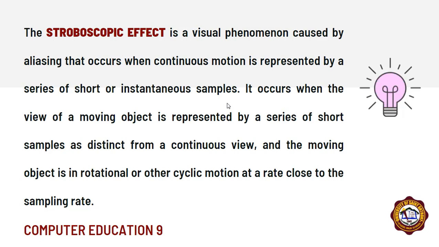So, it occurs when the view of a moving object is represented by a series of short samples as distinct from a continuous view. The moving object is in rotational or other cyclic motion at a rate close to the sampling rate. So, ito yan.